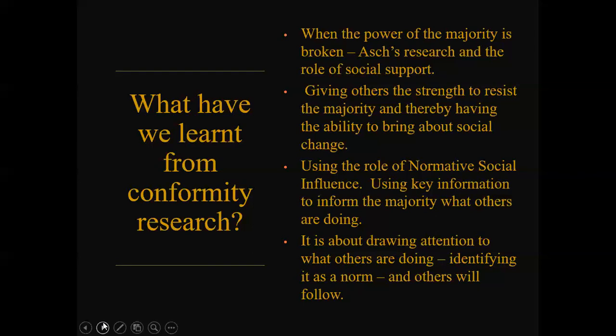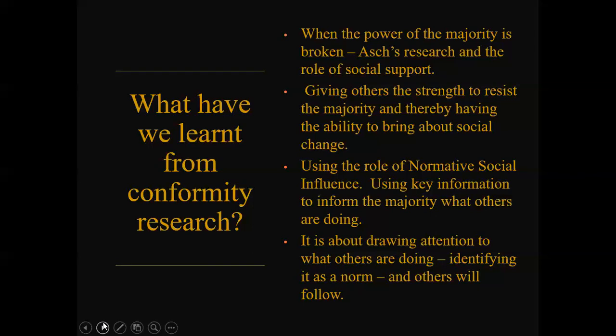It's about drawing attention to what others are doing, identifying it as a norm. Well, I've got this group of people that are doing that. They're not doing what everybody else is doing. So just like an Asch study, saying, hold on a minute, they're not going with them. I don't necessarily have to.